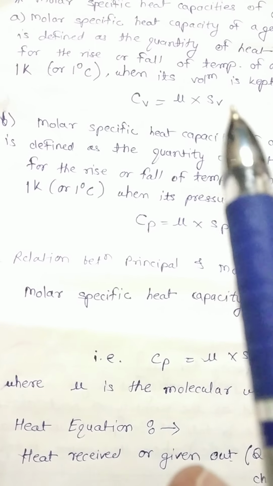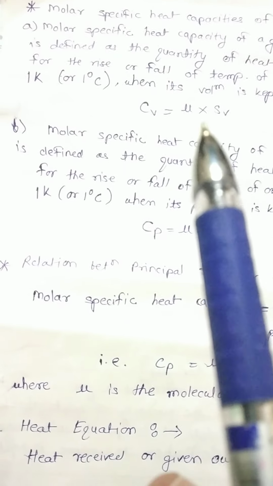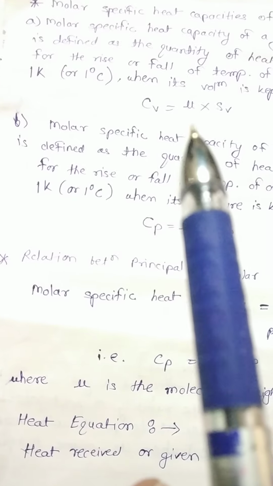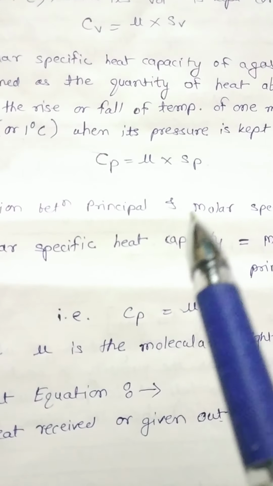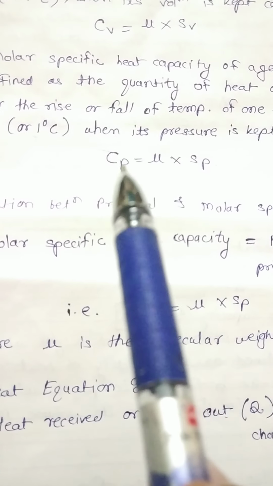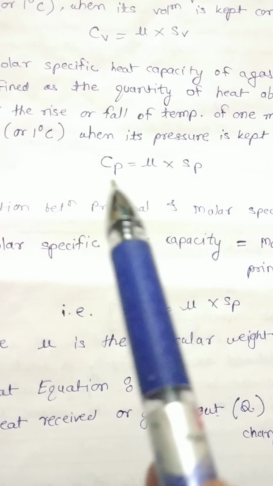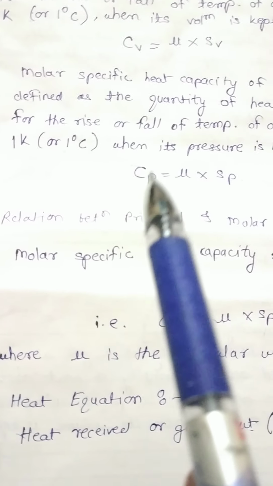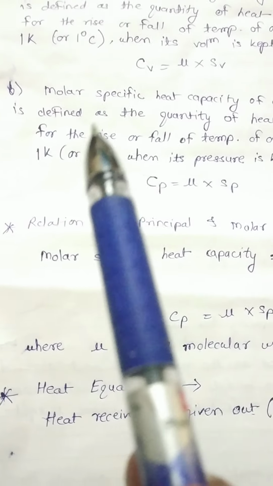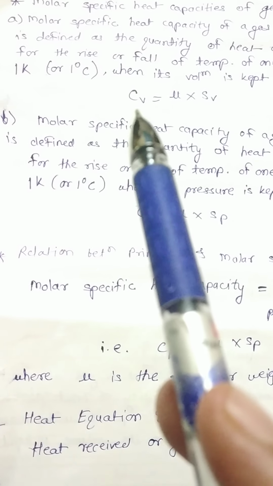Here Sv means the principal specific heat capacity at constant volume, and μ is the mass in moles, not in kg, the moles. Similarly, Cp = μ × Sp gives the molar specific heat capacity of a gas at constant pressure.